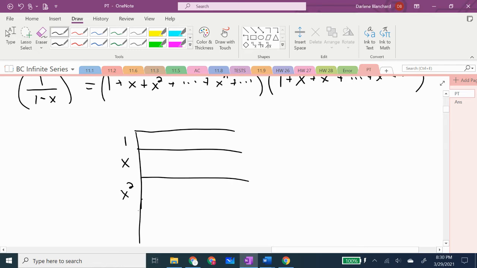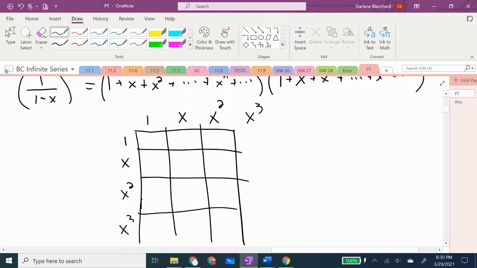And then maybe I need to go farther, maybe I don't. But this literally is forever. Then 1, x squared, x cubed.